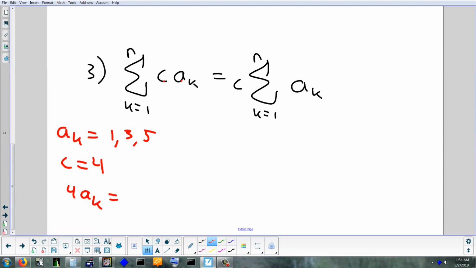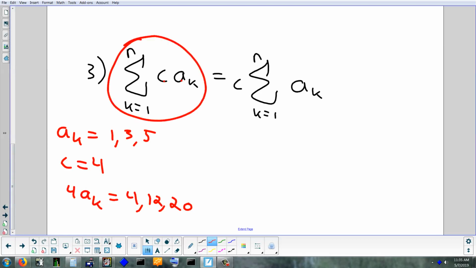So what's my first term? 4. Second term? 12. And third term? 20. That is 4a sub k. Now this says to add everything here. What's 4 plus 12 plus 20? 36.